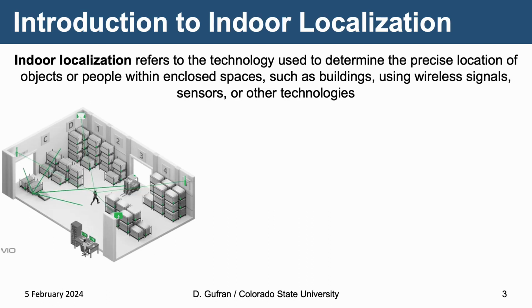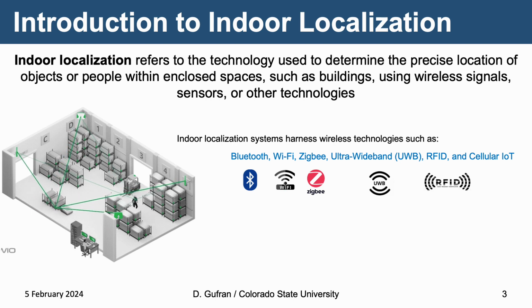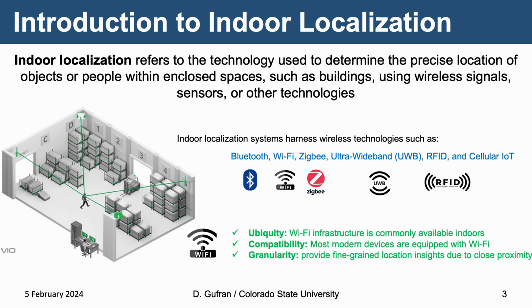Indoor localization refers to the technology used to determine the precise location of objects or people within enclosed spaces using wireless signals. Today's indoor localization systems harness wireless technologies such as Bluetooth, Wi-Fi, Zigbee, ultra-wideband and so on, out of which Wi-Fi is the most popular, mainly due to its availability, compatibility with modern devices and ability to provide fine-grained location insights.